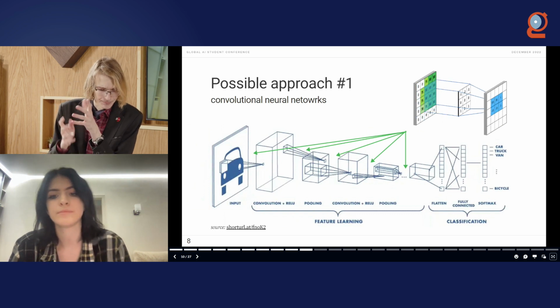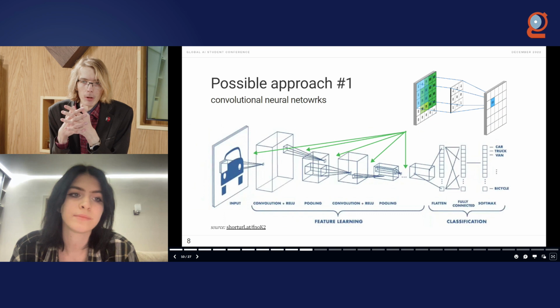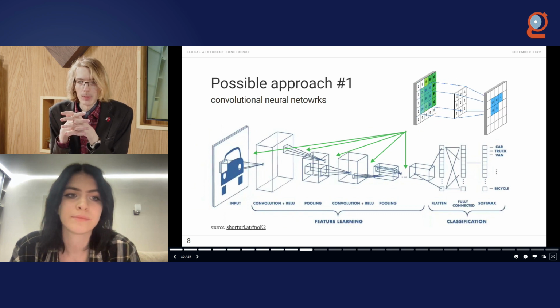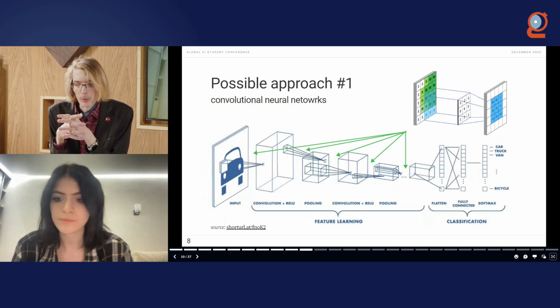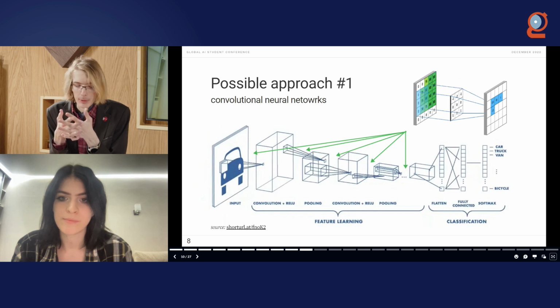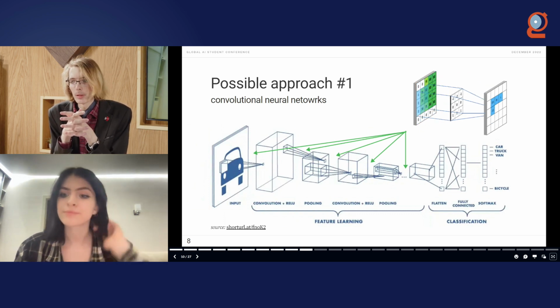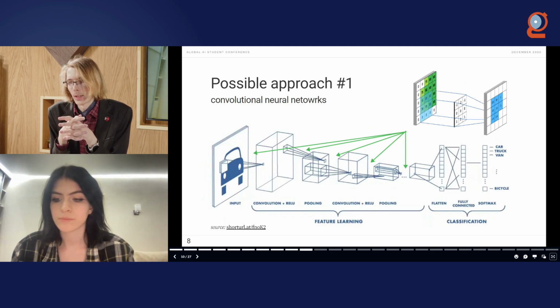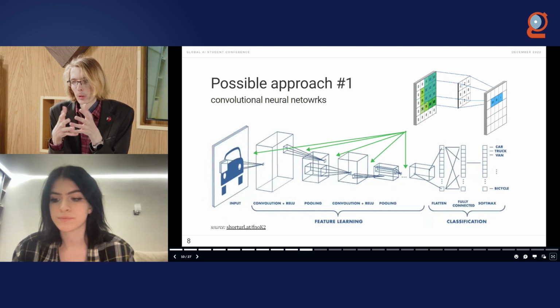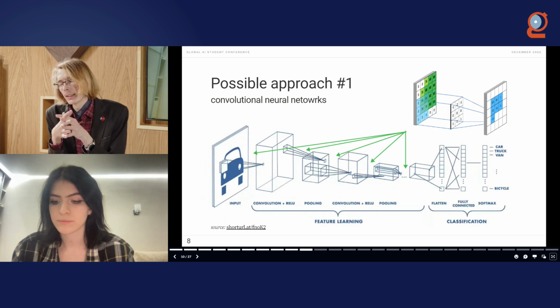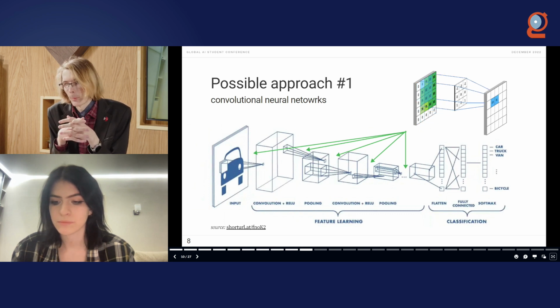Well, the key properties of convolutional neural networks are the following. First of all, their depth. Such architectures as VGG and ResNet have demonstrated that the number of convolutional layers can significantly increase the generalization ability of a neural network.